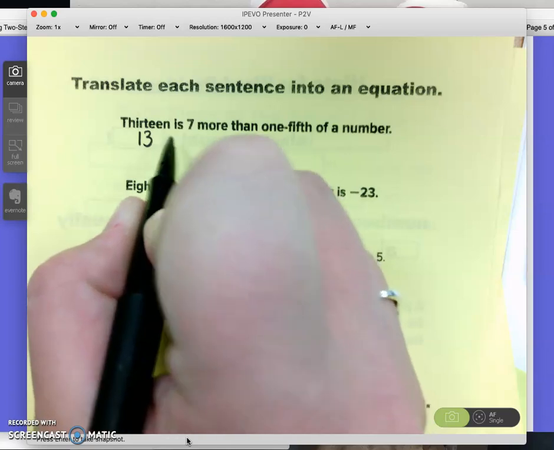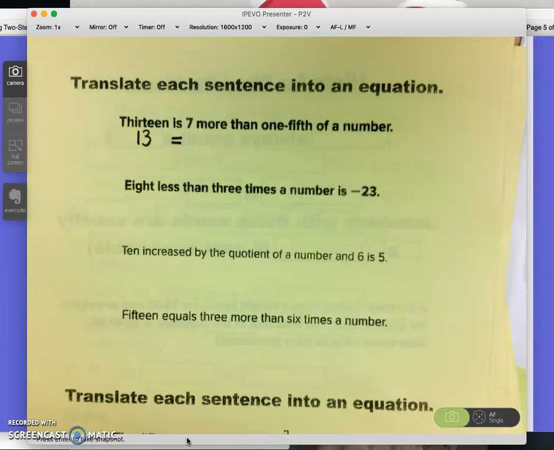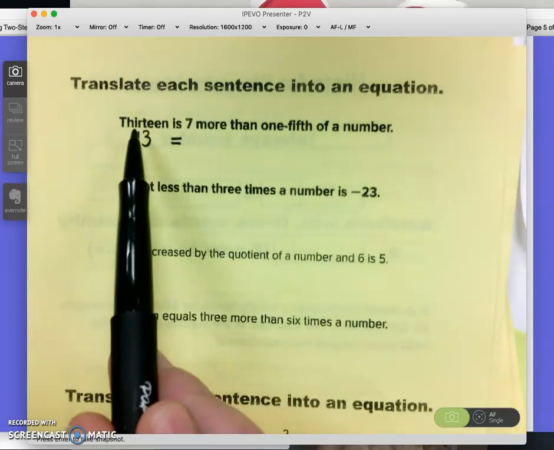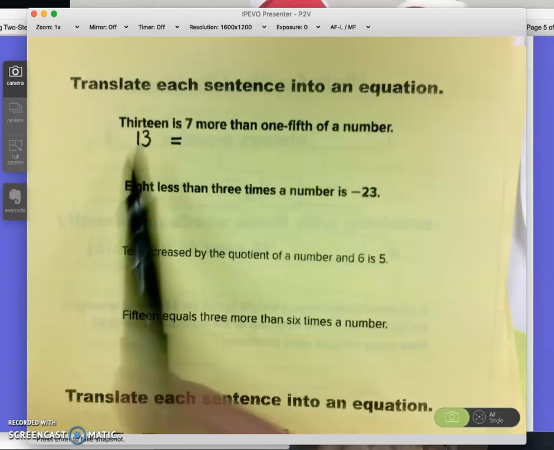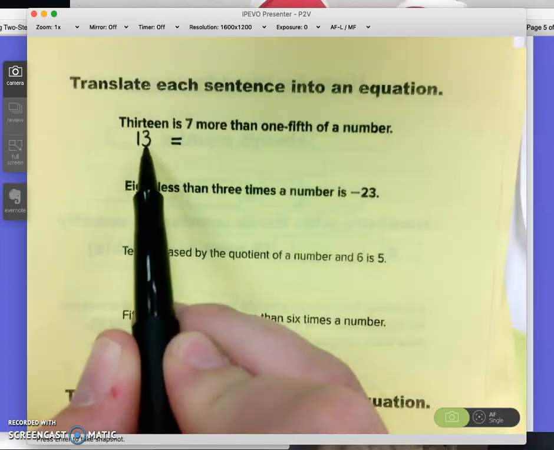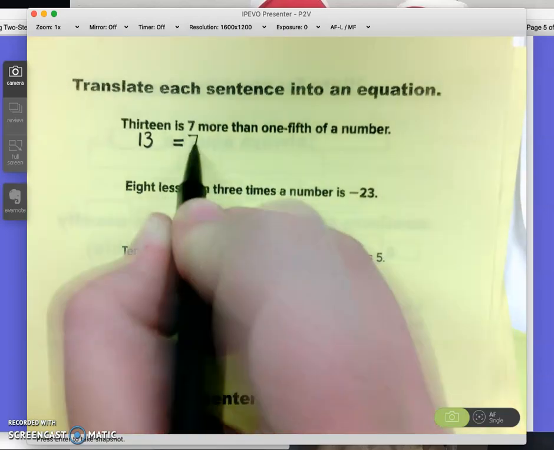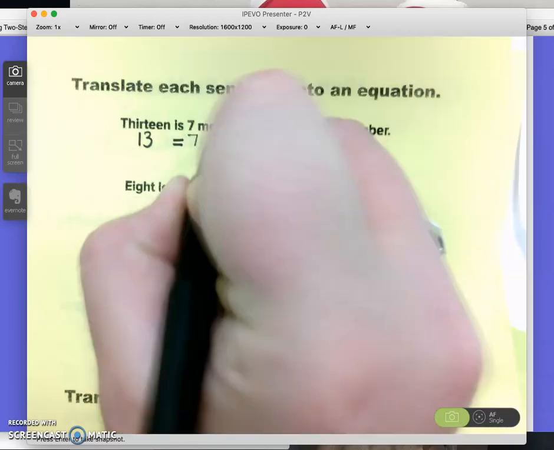Minus? No. Addition? "Is" is going to be equal. Each word I'm going to translate into a number, okay? So 13 is going to be equal. 7 is already a 7. "More than," usually we're going to see, more is adding, right?